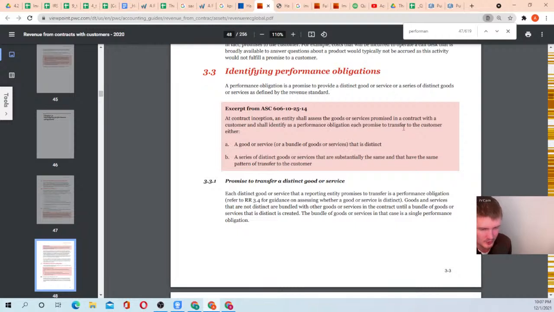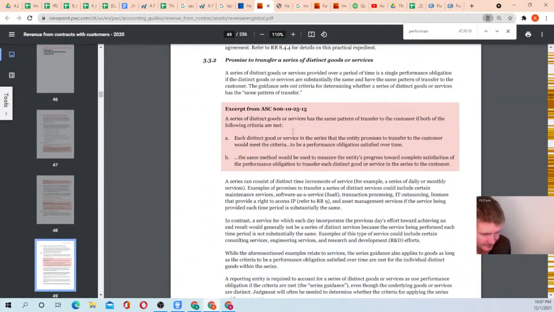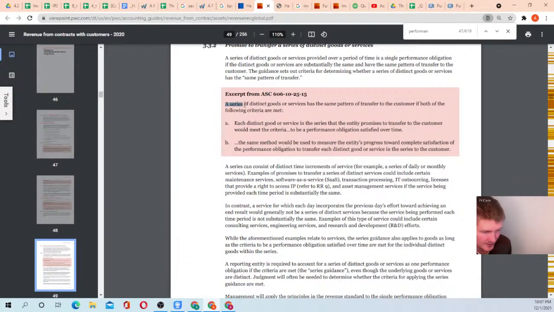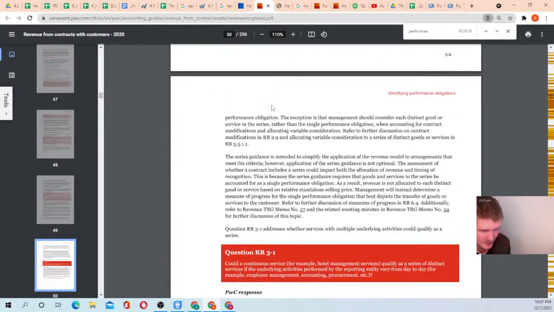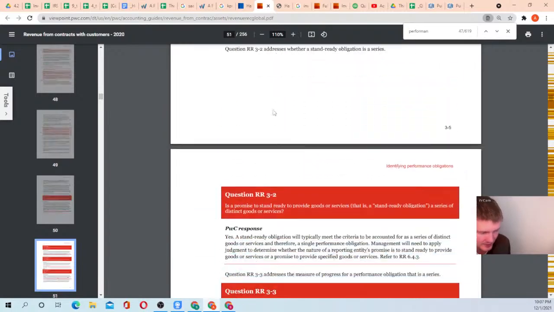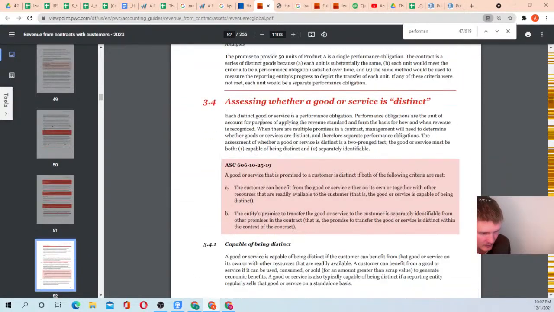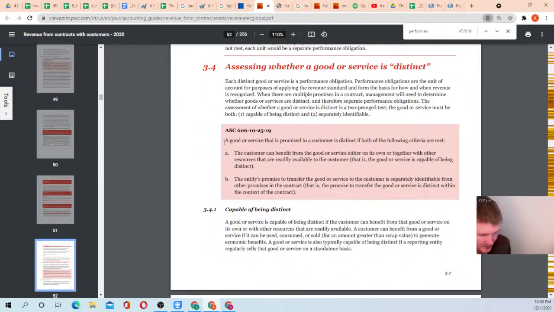When we have a performance obligation, we should have a promise to transfer a good or service. And a series of distinct goods or services has the same pattern of transfer. So that's the definition when you have a series of goods or services. We might come back to that definition later, but now I want to find when we have a distinct good or service.